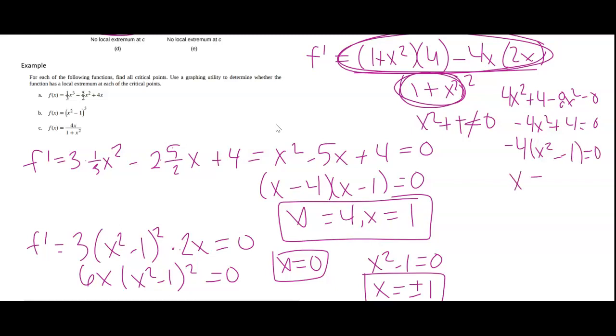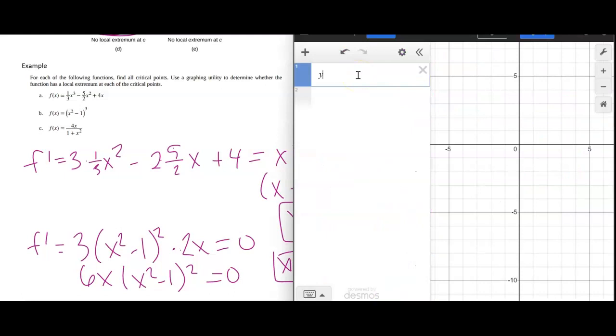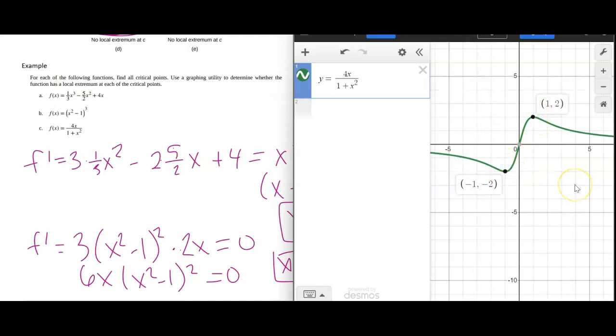And I end up getting plus and minus 1 as my critical points. And again, we can look at a graph. y equals 4x over 1 plus x squared. And it looks like, yep, I do have a local max and a local min at plus and minus 1.